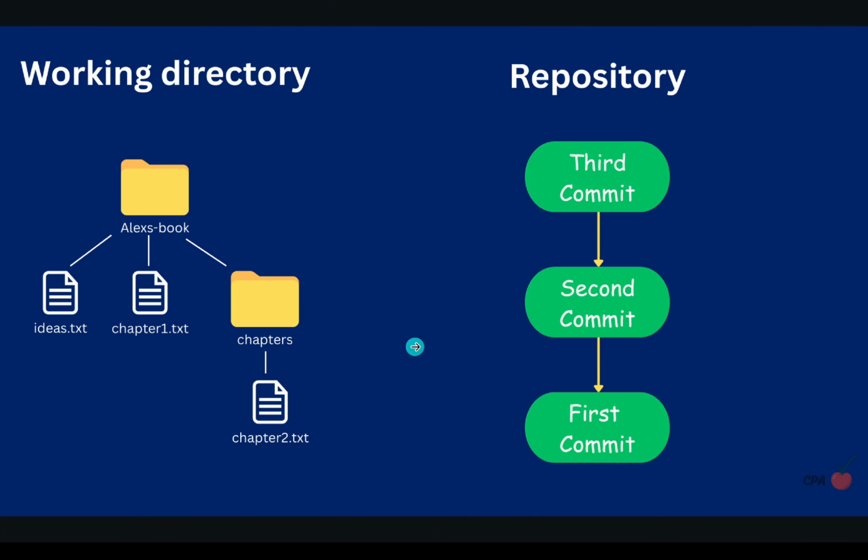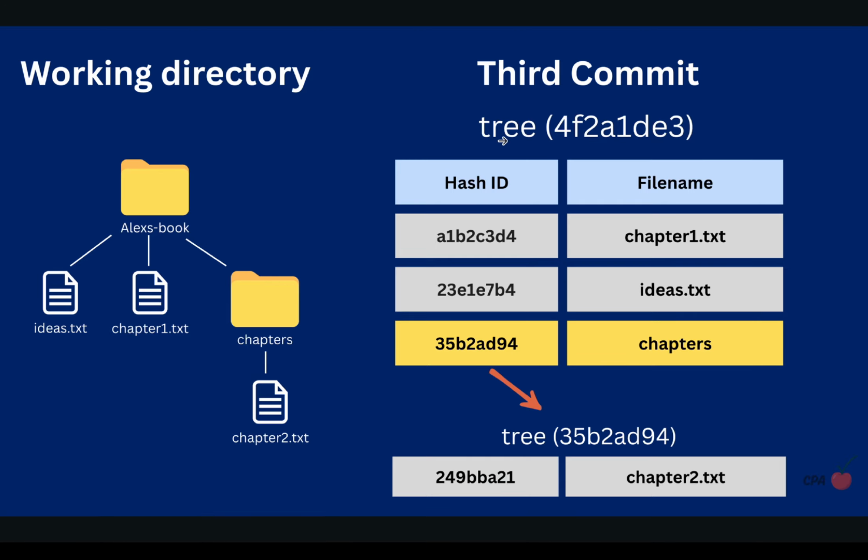And inside chapters, we have the mapping that maps chapter 2 to its version or to its blob ID. So you can think of the tree object in Git similar to a folder in your file system. It basically maps file names to their versions or to their blob IDs. All right, this is the tree that Alex has saved in her third commit.